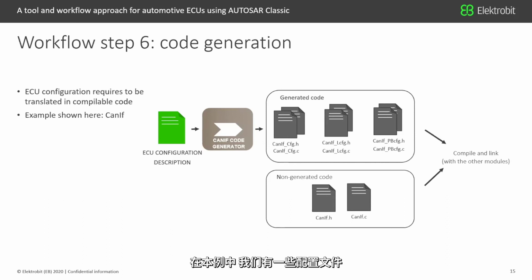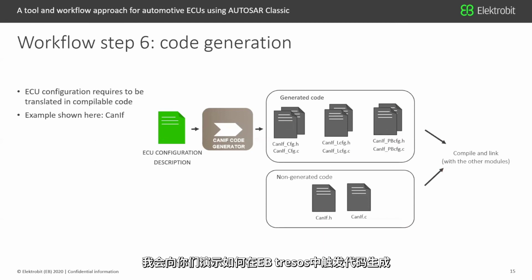So in this example, we have a bunch of configuration files which will be generated as a result of the ECU configuration, which was done in tresos Studio, and also some non-generated files that contain the implementation of that module. Only when we have the generated code available will it be possible to compile and finally link these modules to the other ones.